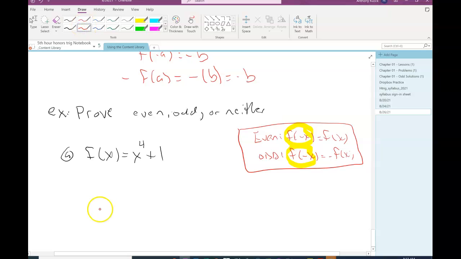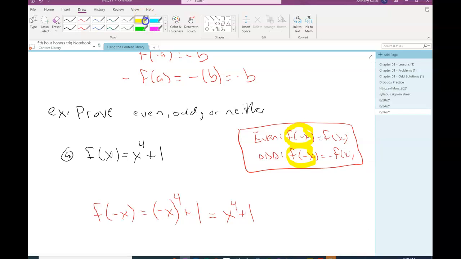Yep. Okay, so we'll just start by doing f of negative x. When I do that, I'm going to replace all the x's in my equation with negative x's. Everybody's okay with that? A negative to the fourth power is positive, right? So negative x to the fourth just becomes positive x to the fourth, which is exactly what f of x is.